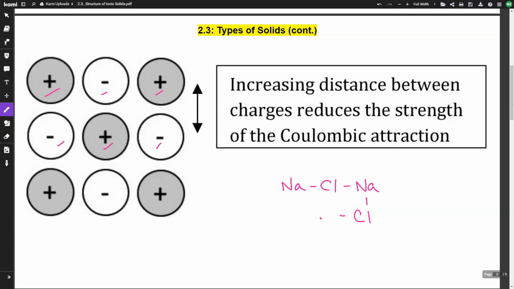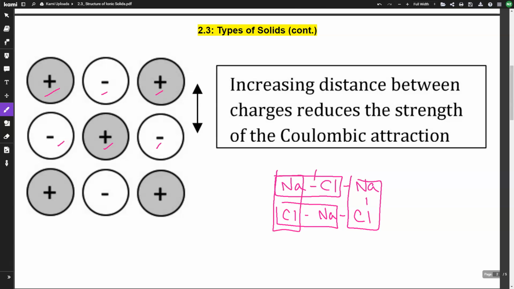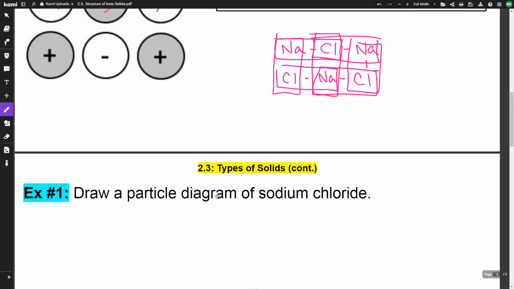Kind of a chain that repeats. Here's one molecule, here's another, and it just repeats in this order. And you've got attraction going on here, and here, and here, and here. So very strong, held together with the charges. Positive, negative, just repeats, and they all hold each other together.